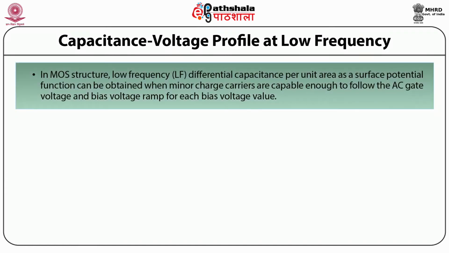In MOS structure, low frequency, that is LF, differential capacitance per unit area as a surface potential function can be obtained when minority charge carriers are capable enough to follow the AC gate voltage and bias voltage ramp for each bias voltage value.